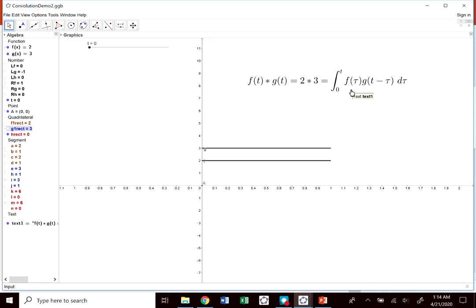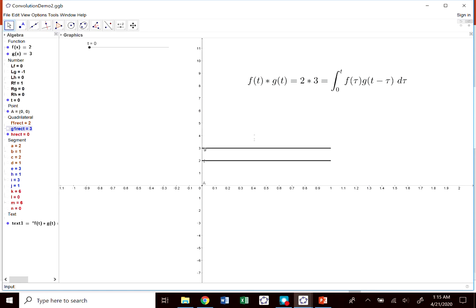Okay, is this asking us to multiply f of tau and g of tau? No. It's asking us to multiply f of tau and g of something called t minus tau. What in the world does the graph of g of t minus tau look like?